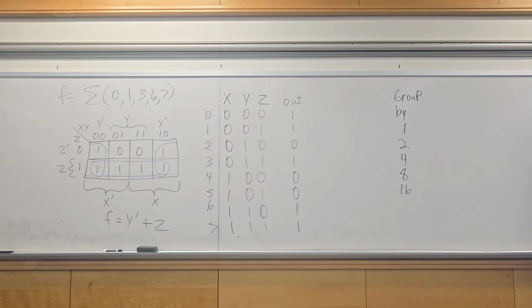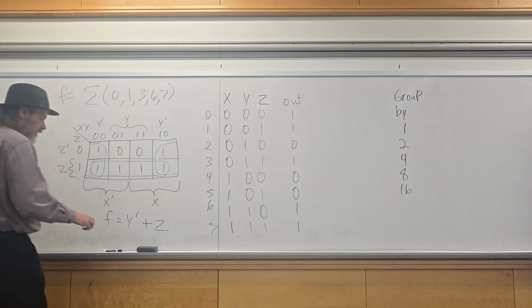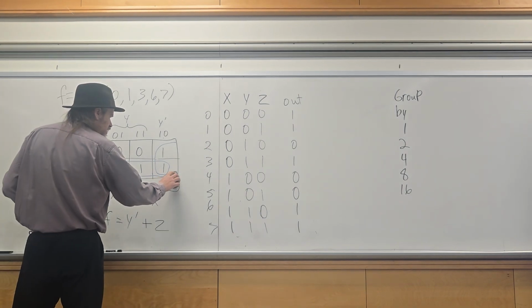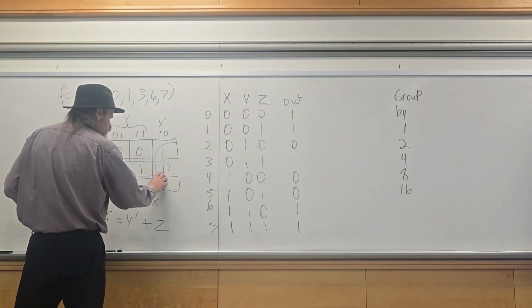Making sense? Going too fast? Going a little fast? No? Okay. You can wrap groups of 2, you can wrap groups of 4, 8, what have you. Let's see here. The larger the group, the fewer the literals in each term.